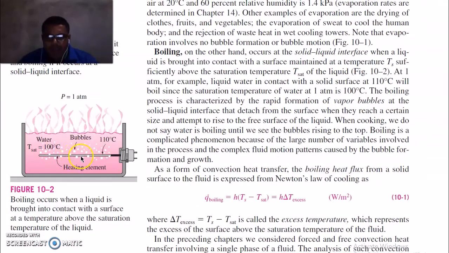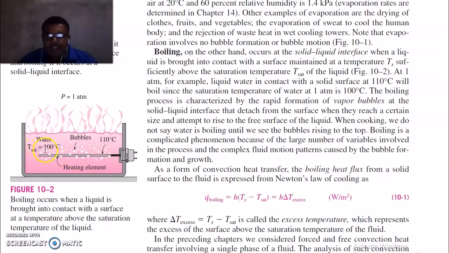Boiling, on the other hand, occurs at the solid-liquid interface when a liquid is brought into contact with a surface maintained at a temperature T surface above the saturation temperature of the liquid. At 1 atmosphere, water will boil at 100 degrees Celsius. So if the surface is maintained at 110 degrees Celsius, then the liquid will start to boil.